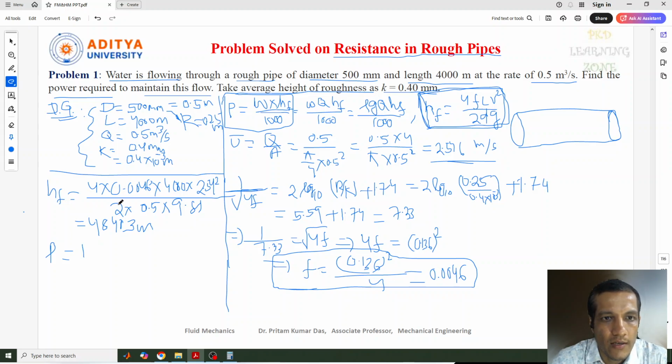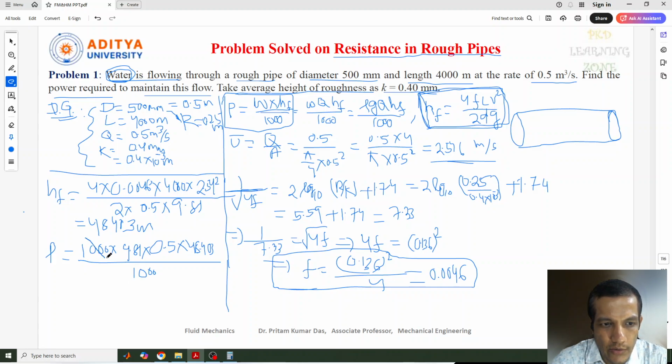Rho is nothing but the density of water, as water is taken here, which is 1000, and g is 9.81, into Q. Q is given as 0.5 meter cube per second, and hf we got is 48.403, divided by 1000.